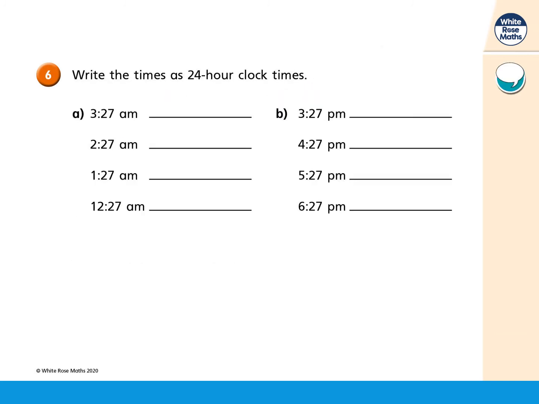Write the times as 24-hour clock times. 3:27 a.m. It's before midday, so it'd be 03:27. 2:27 a.m. 02:27. 1:27 a.m. 01:27. 12:27 a.m. 00:27.